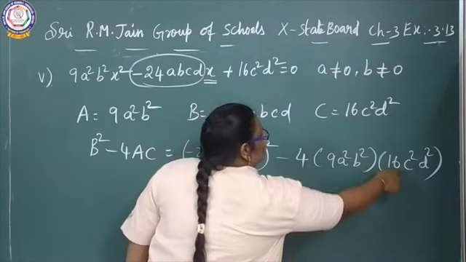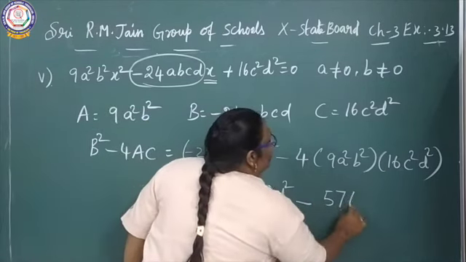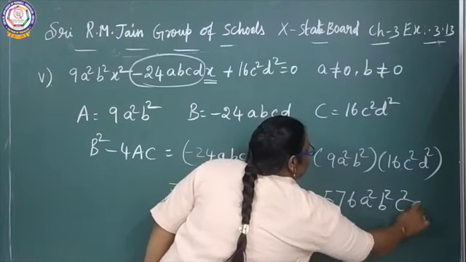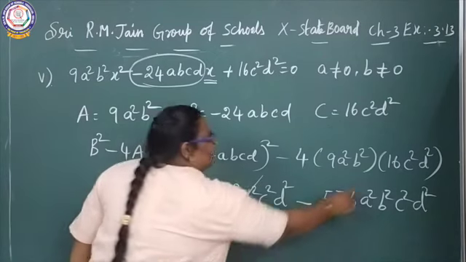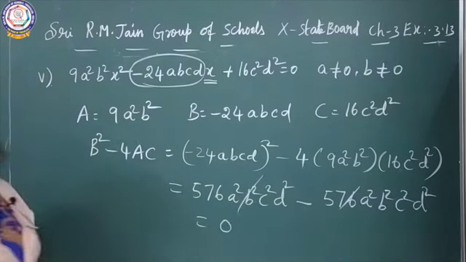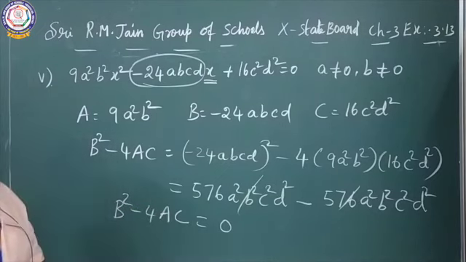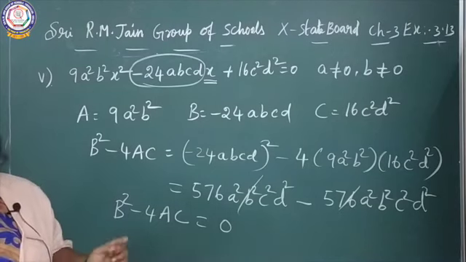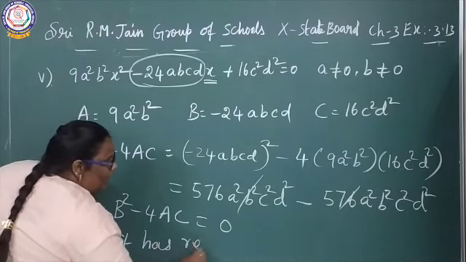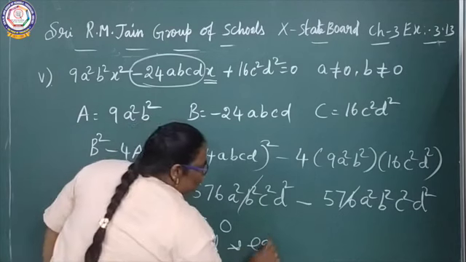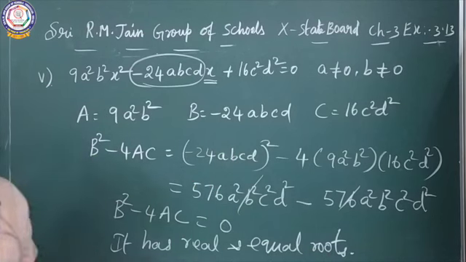Both are cancelled, the value is equal to 0. If b square minus 4ac equal to 0, it has real and equal roots. We'll write it as real and equal roots.